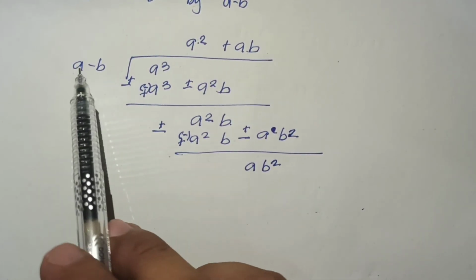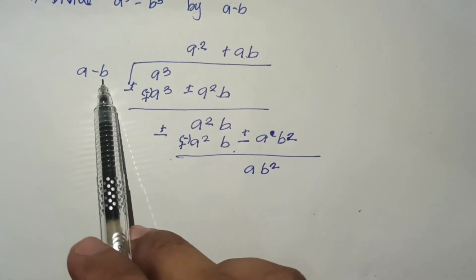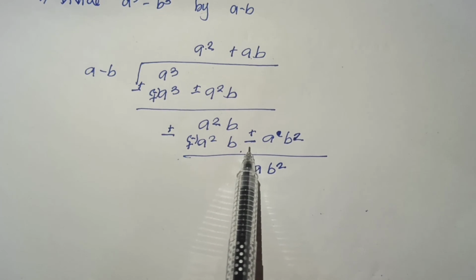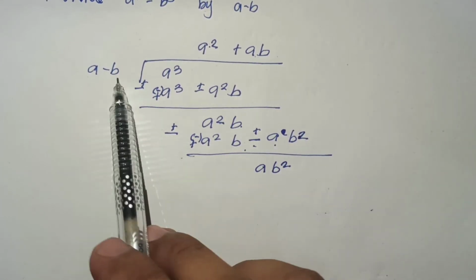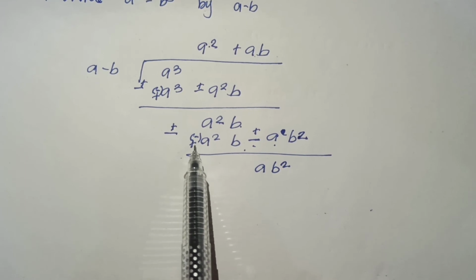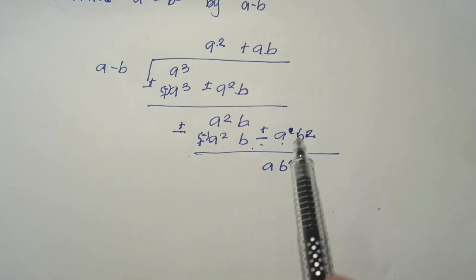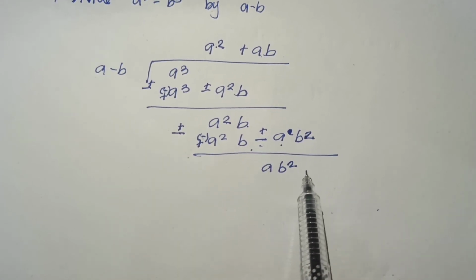So ab times a, that is a squared b. So ab times negative b, that is negative a b squared. So change the sign of the subtrahend and proceed to addition. Plus became minus, minus became plus, and add. So this is a b squared.